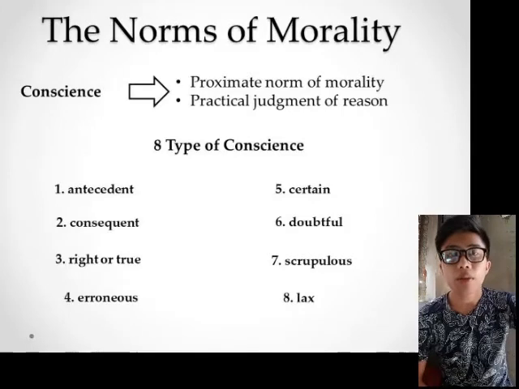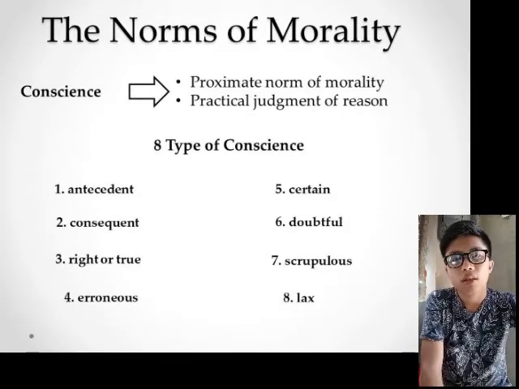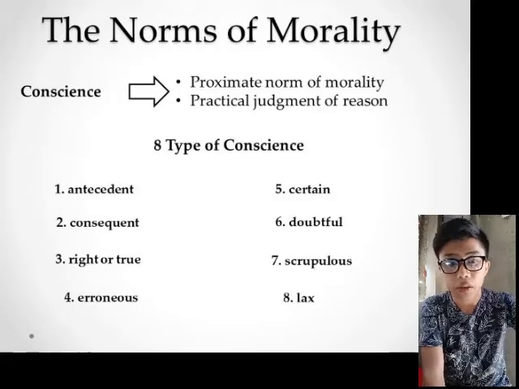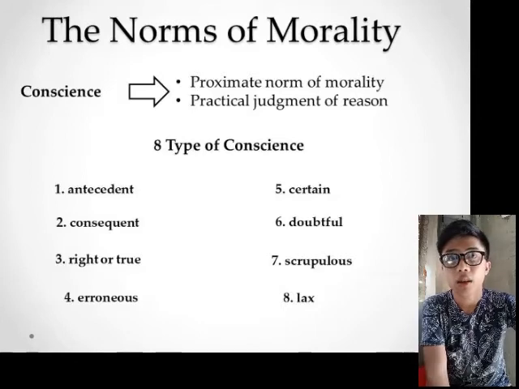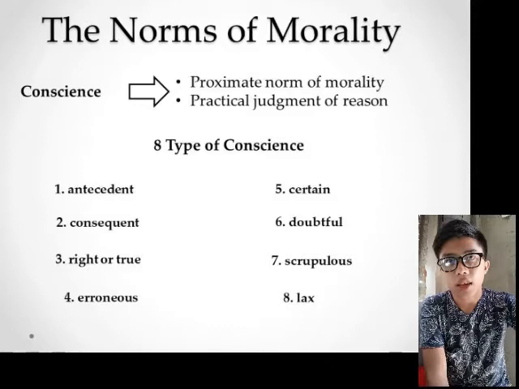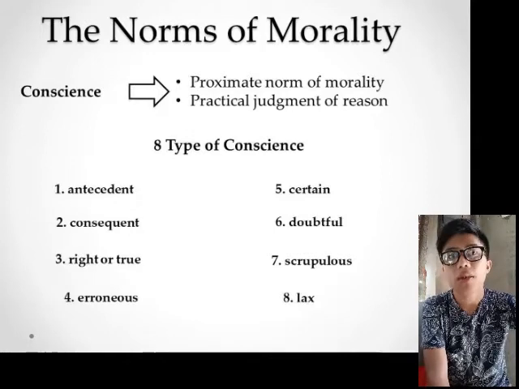Next is the norms of morality. Conscience. Conscience means a faculty, power, or principle enjoining good acts. It is the approximate norm of morality: a practical judgment of reason deciding upon an individual act as good and to be followed, or as evil and therefore to be avoided.